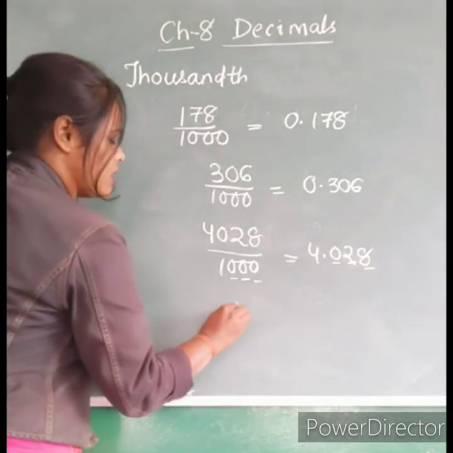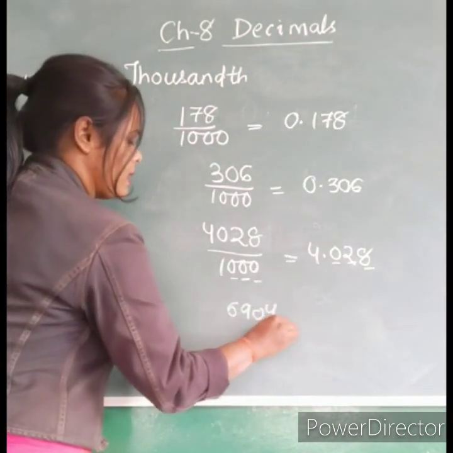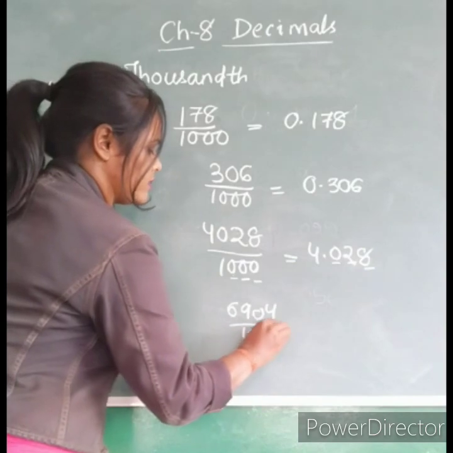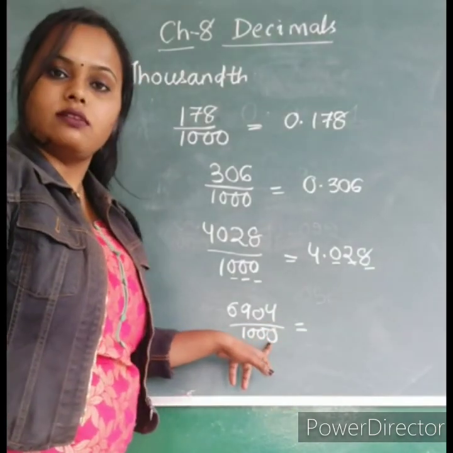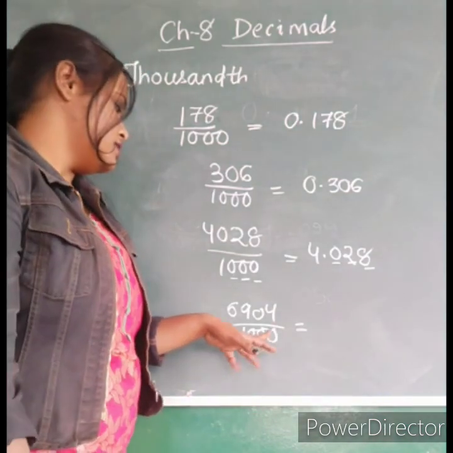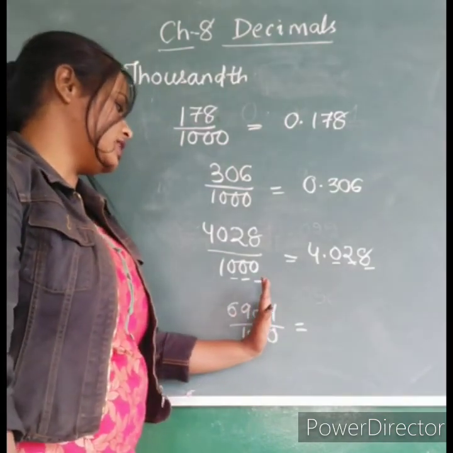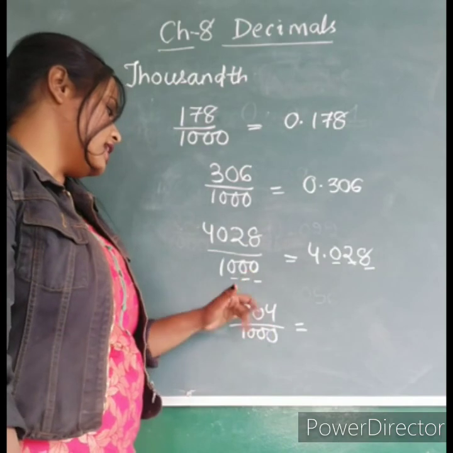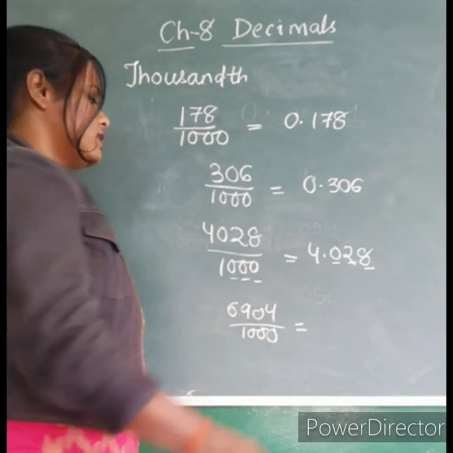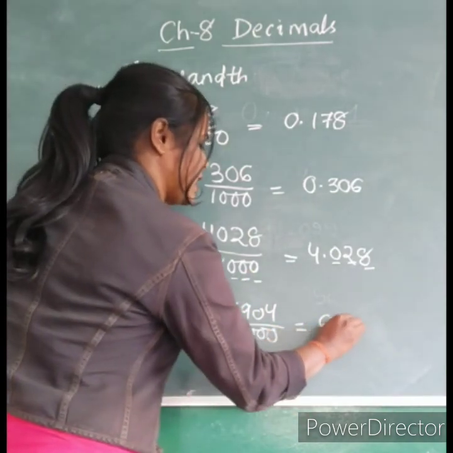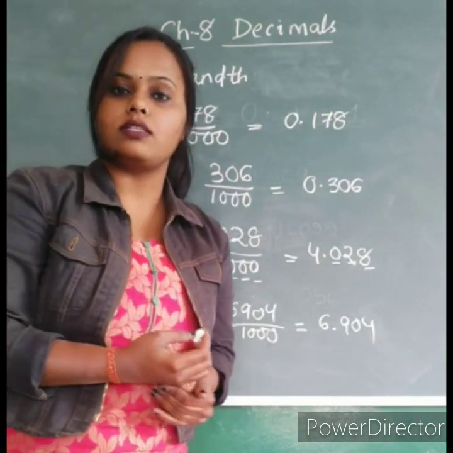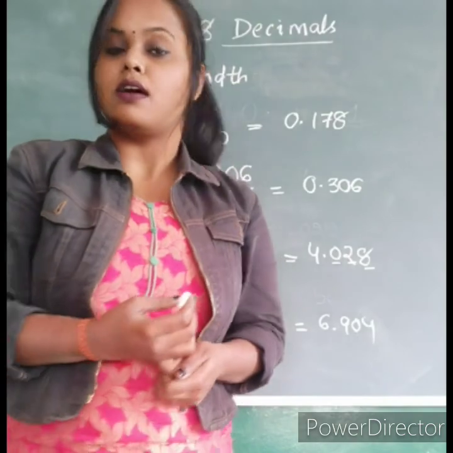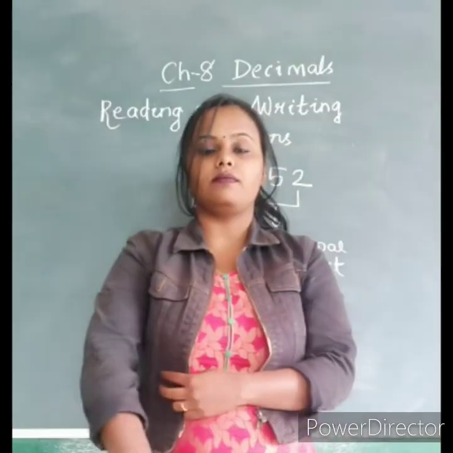Next one, 6904 by 1000. As we have 1000 in the denominator, from the right hand side we will leave 3 digits, 9, 0, 4, and I will put the point over here. So it will be 6.904. Okay children, so I think you understood how to write the decimals of the fractions.